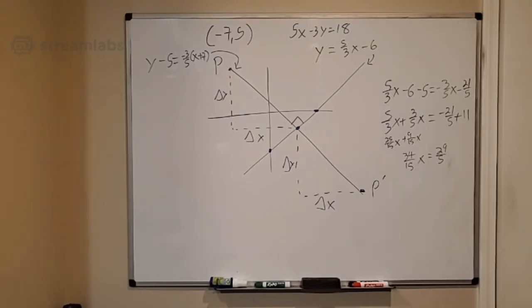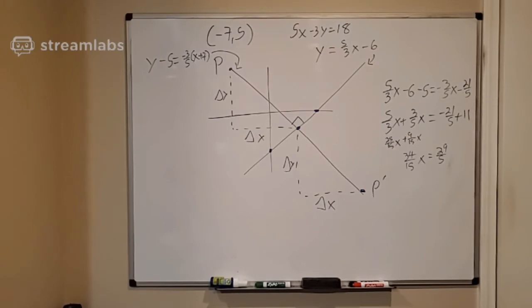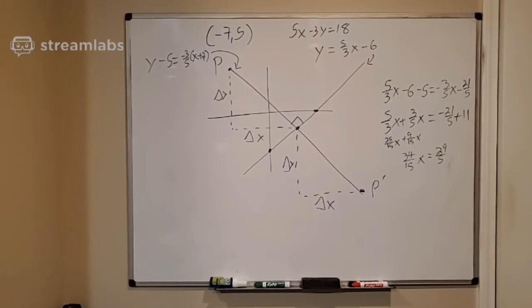And then just multiply by the reciprocal, so 29 divided by 5 times 15 divided by 34, times 15.